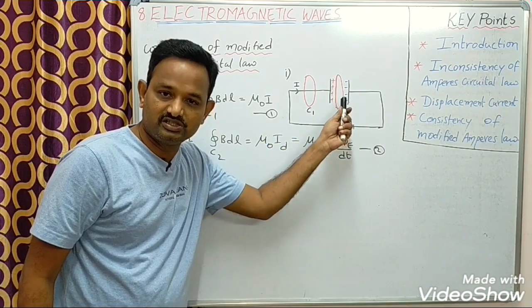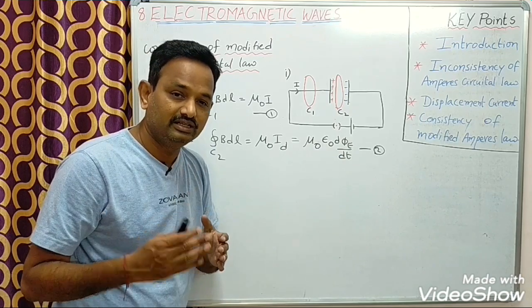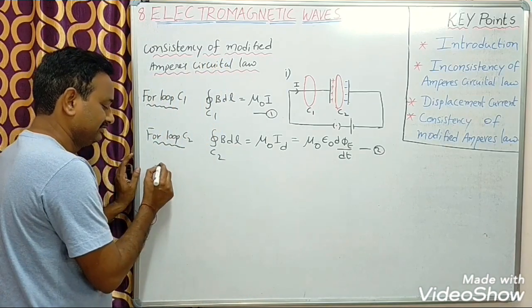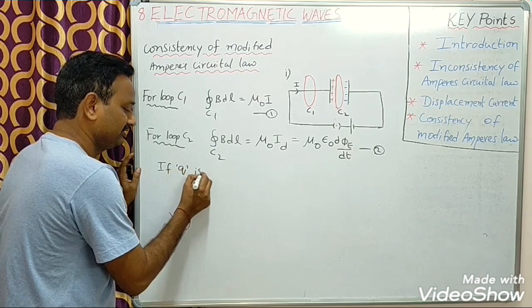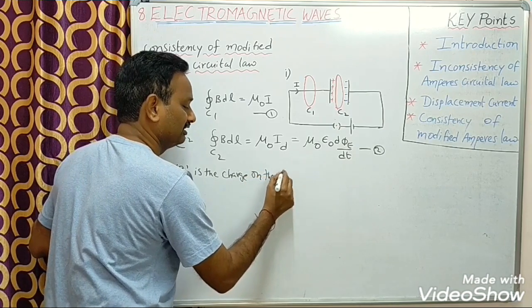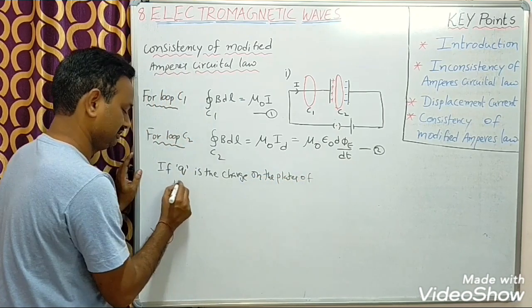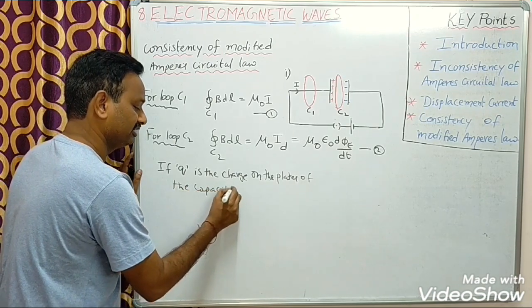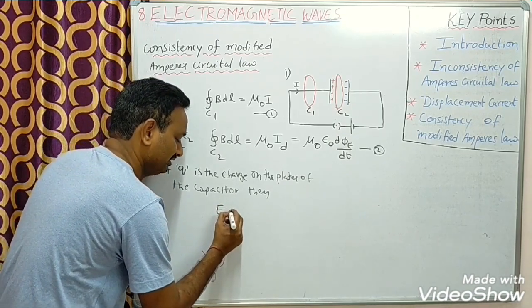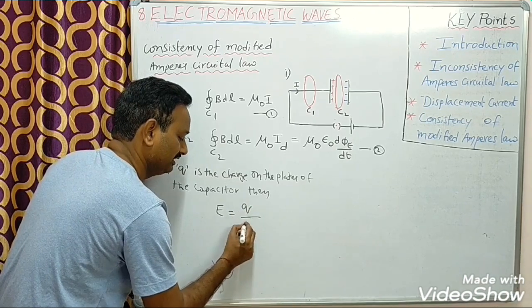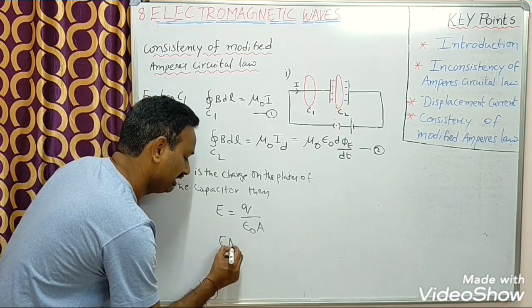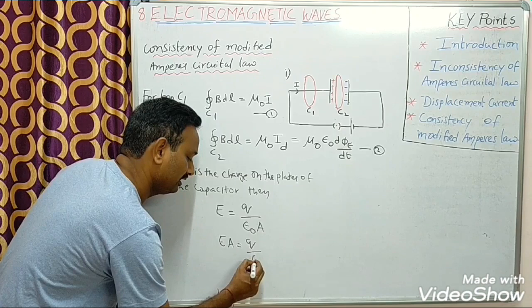Now, if Q is the charge on the plates of the capacitor, then the electric field between the plates of the capacitor is E equal to Q by epsilon naught A. From that I will write E into A equal to Q by epsilon naught.